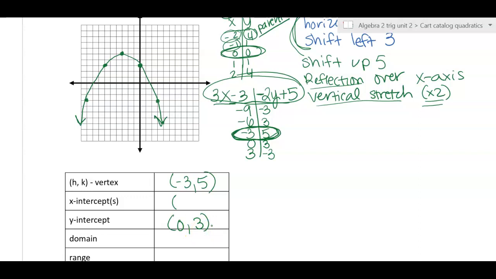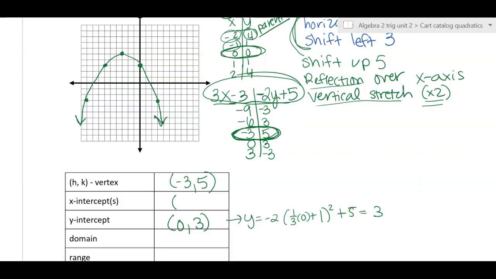If you couldn't see it on the graph, if it wasn't one of the points we plotted, how would you have found the y-intercept? Set what equal to 0? Set x equal to 0. So really you would have taken our equation, plugged 0 in for x, and finished the arithmetic to get 3.